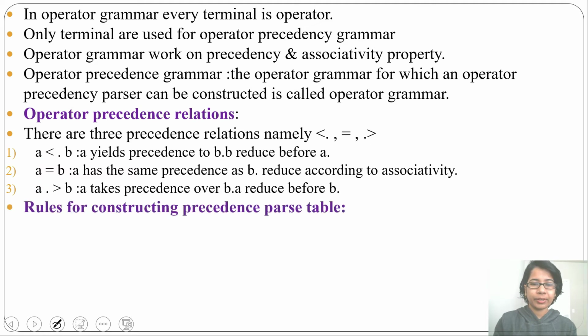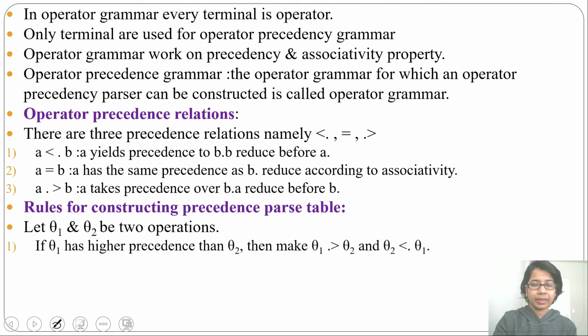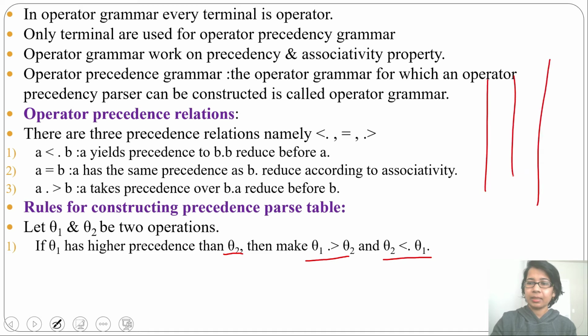Next, the rule for constructing the parsing table: let theta 1 and theta 2 be two operators. If theta 1 has higher precedence than theta 2, you can write theta 1 is greater than theta 2, or you can write theta 2 is less than theta 1. We'll make a table like this. Suppose here theta 1 and here theta 2, and theta 1 has higher precedence, then there will be a greater than symbol.